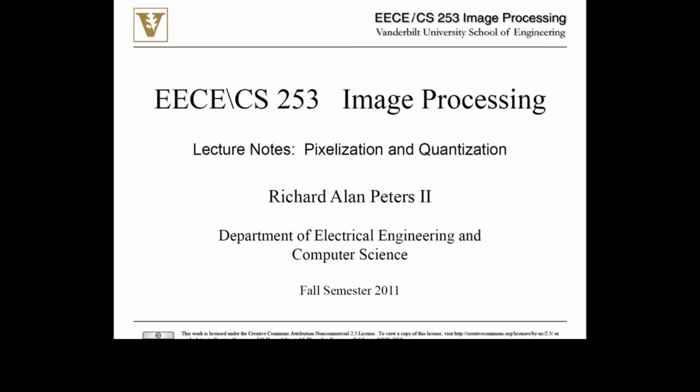So we start with the next topic, that is pixelization and quantization. That is something that we already know, but we will see it now with new eyes because we know more.